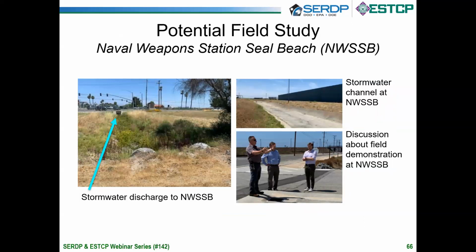So what we are looking at here now is the next stage of this work, which would be to do a field study. And here's a picture of Naval Weapons Station Seal Beach. The left figure with that green arrow shows stormwater discharge onto the naval station. That stormwater flows through this vegetated channel and into these culverts that you see on the left.